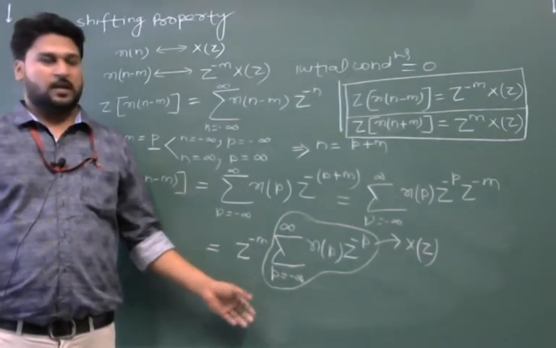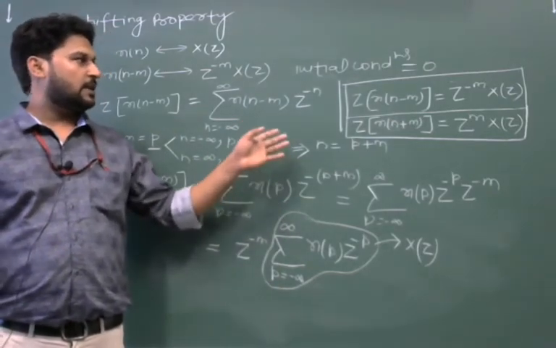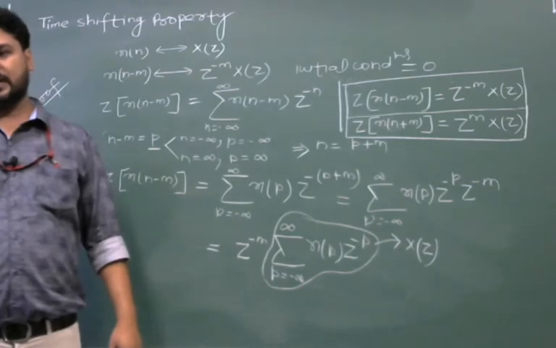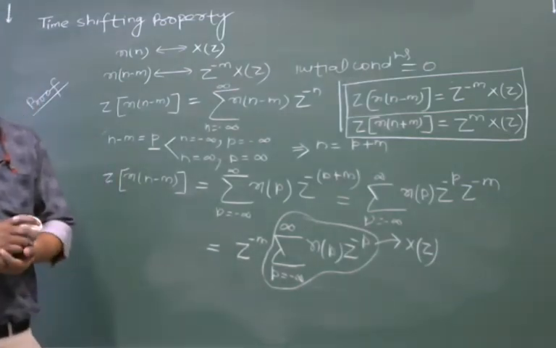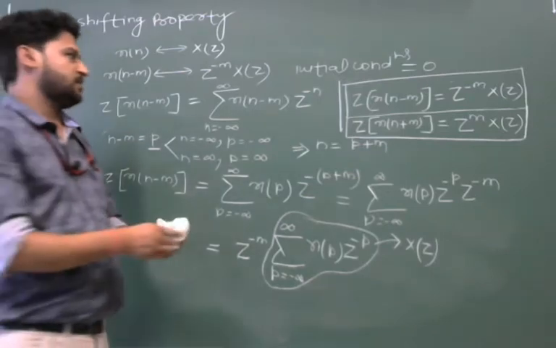So in this case, we assume that all the initial conditions given here are 0. Now, what will happen if initial conditions are not 0?